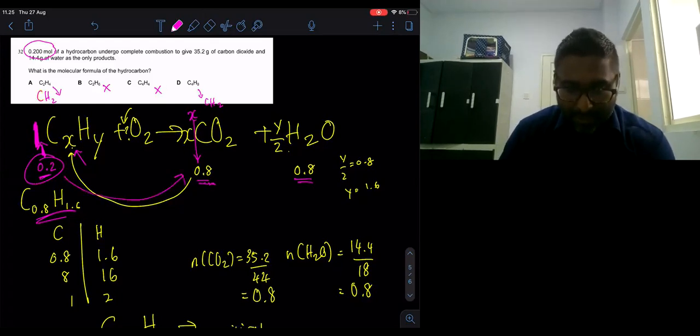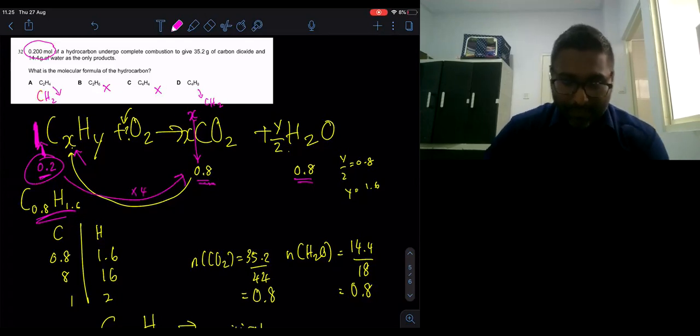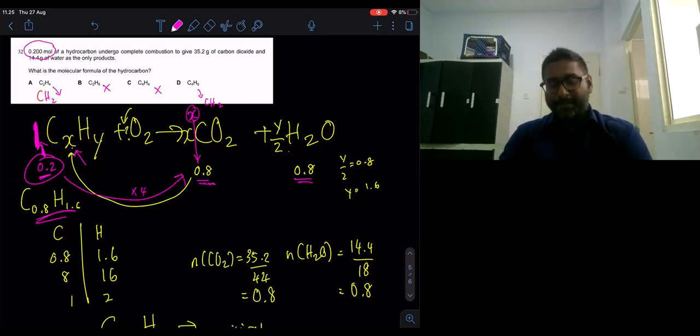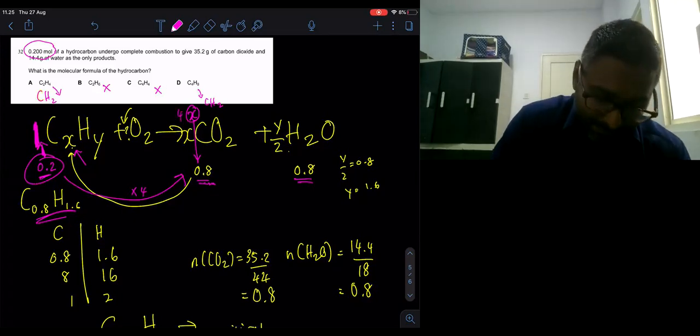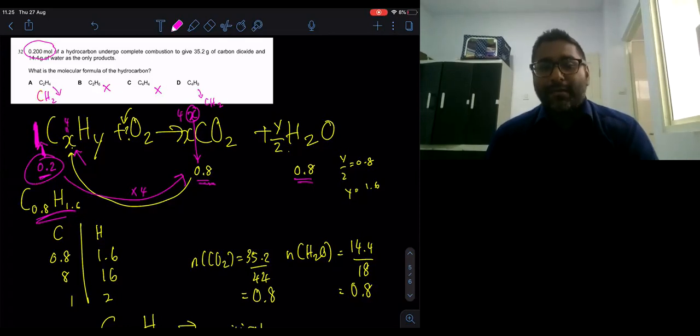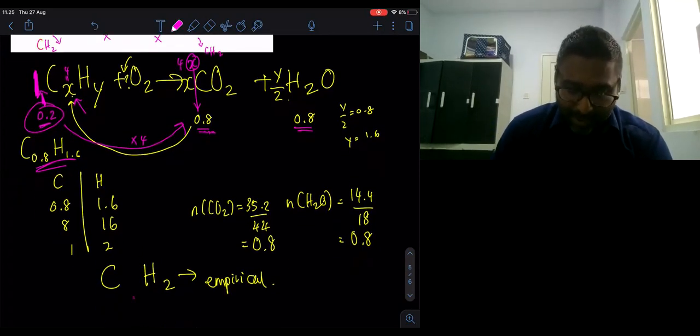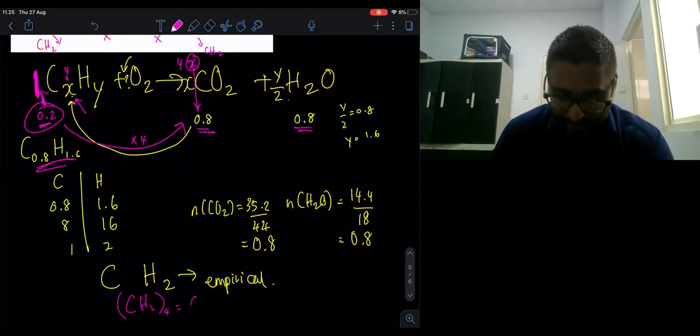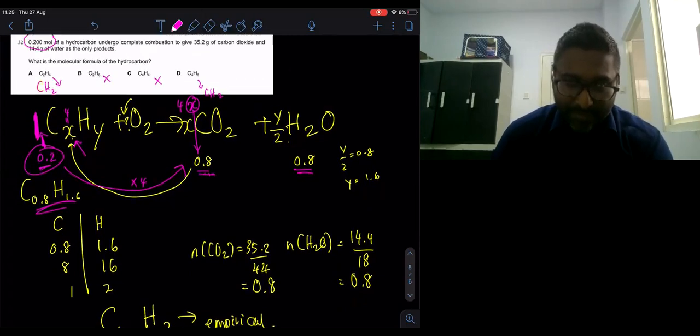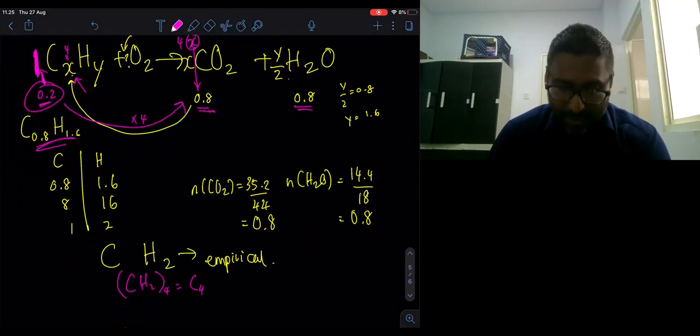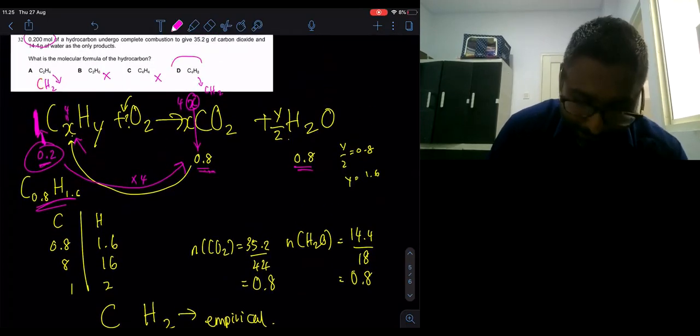Can you see the increase is going to be times by 4? So X is what? 4. This must always be 4. So once you find that 4, just put 4 in the empirical formula. It must be C4, and then H8.